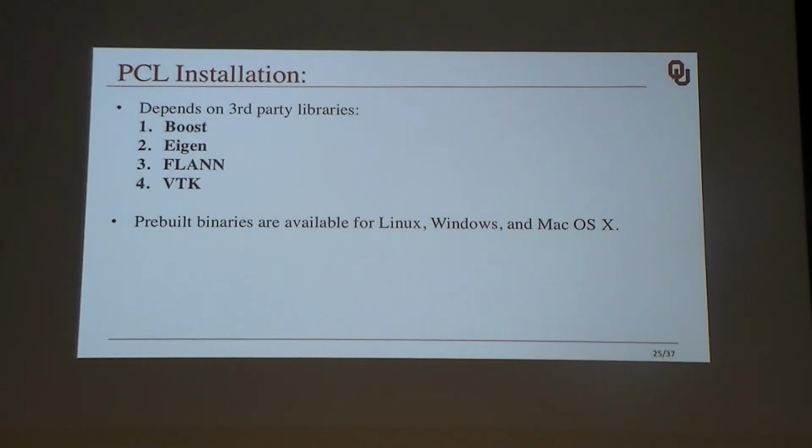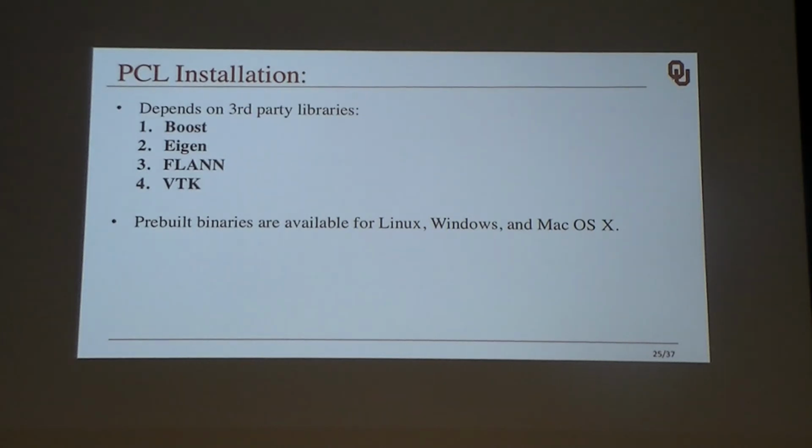You can use pre-built libraries, pre-built binaries. For example, for Windows, you can just click next and get the library, or you can build it from source. If you use pre-built libraries, you lose some of the options. For example, you cannot choose to compile this and not compile that.